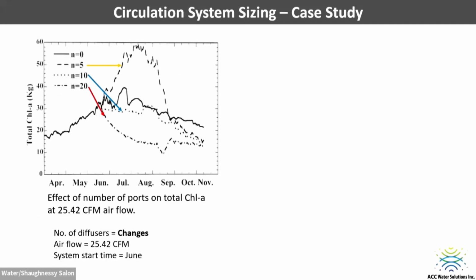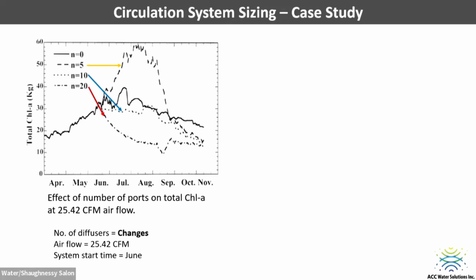So this is a graph. They did one aeration, and the graph is from April to November, showing total chlorophyll A in kilograms. What they did was look at the effect of the number of diffusers on the total chlorophyll A concentration. For each system, the airflow was constant, 25.42 CFM, cubic feet per minute.